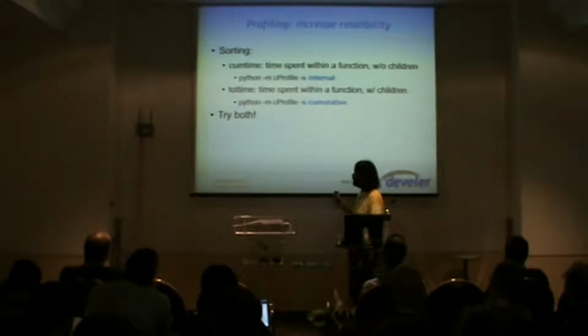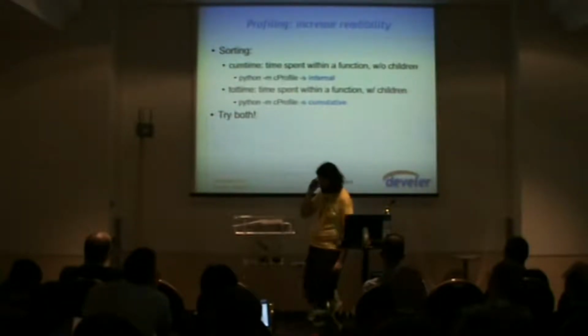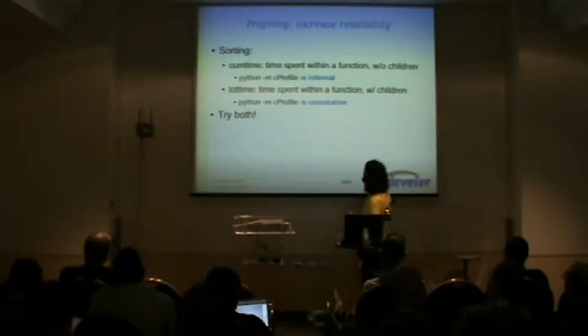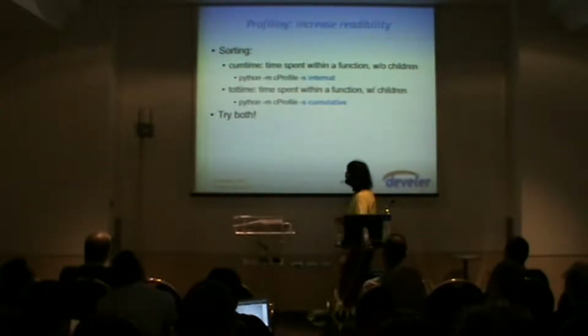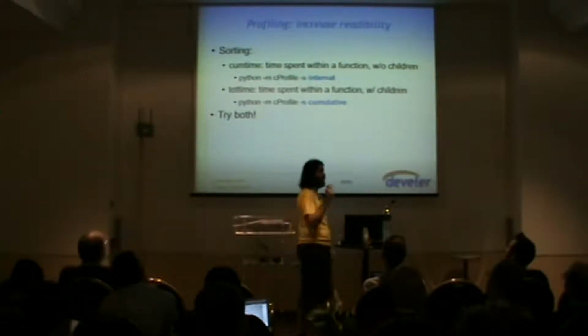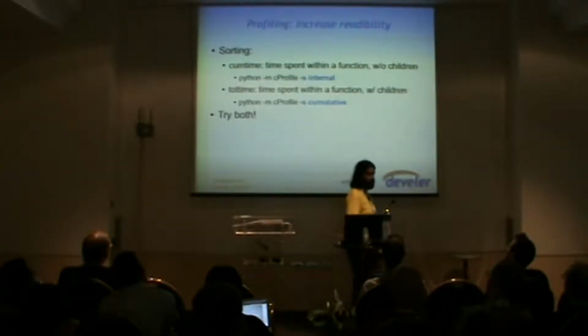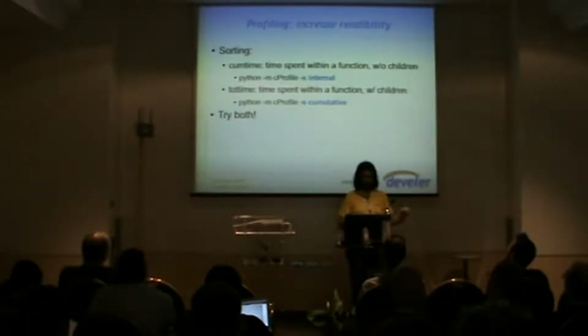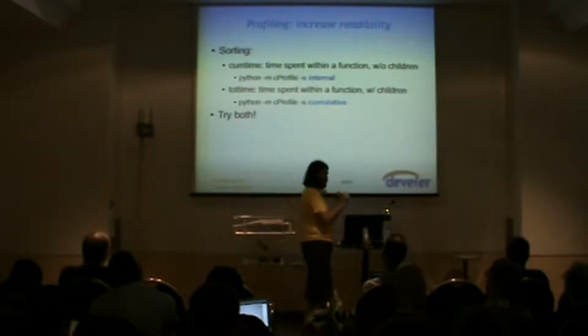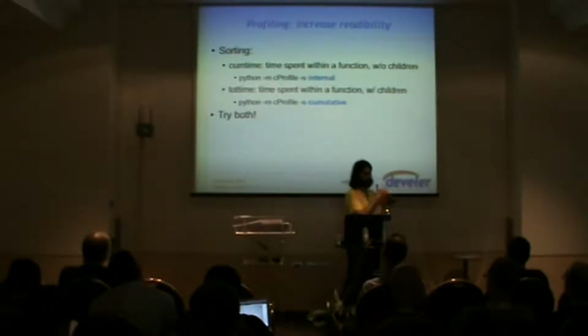So the main two columns that you want to sort against are cum time, which is the time spent within a function without its children. Okay? With children, I mean functions being called within that function. So you want to know how long it takes for the statements of that function to execute, excluding nested function calls.